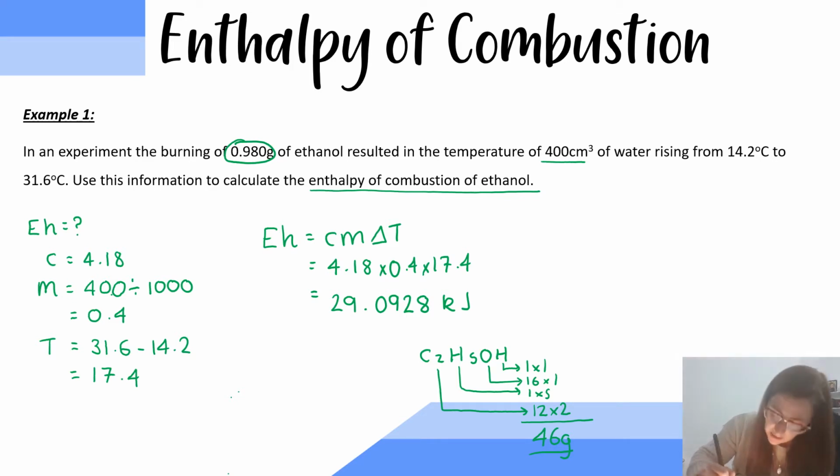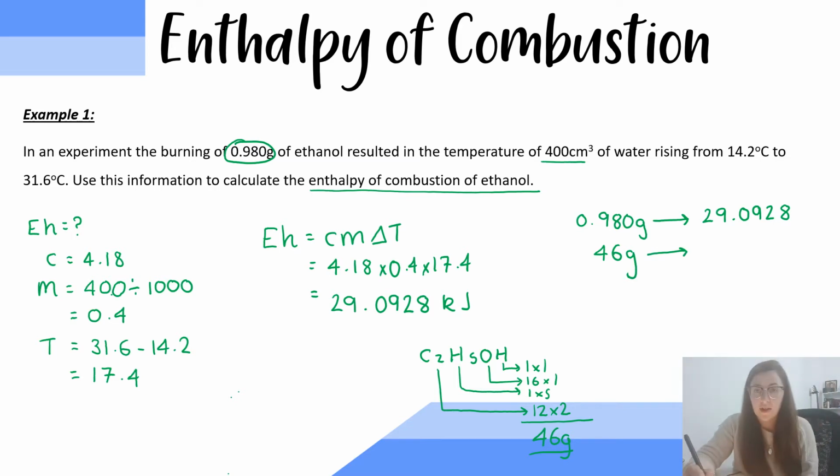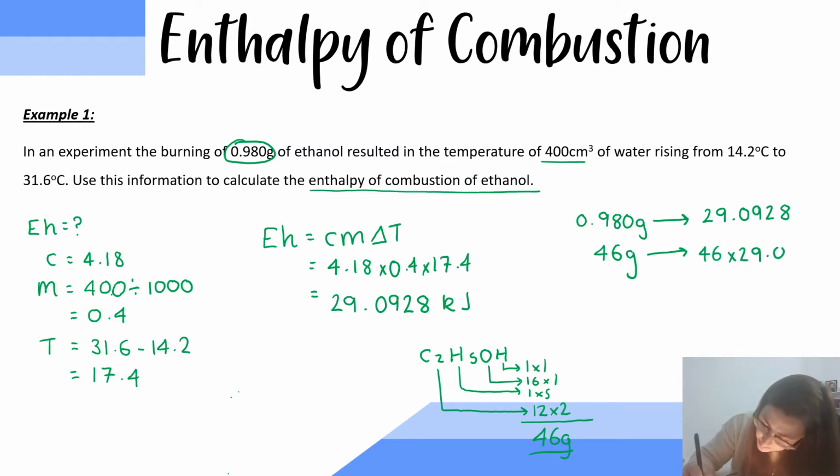So we know that if you burn 0.980 grams of ethanol, we release 29.0928 kilojoules. So if we burn 1 mole of ethanol, 46 grams of ethanol, we can do a cross multiplication to find out the enthalpy of combustion, or how much energy is released when we burn 1 mole or 46 grams. So we do 46 times 29.0928.